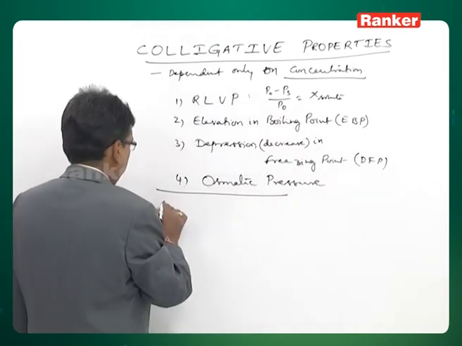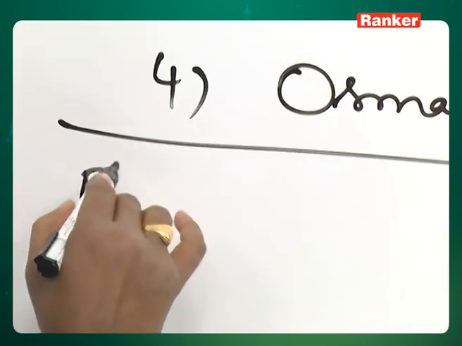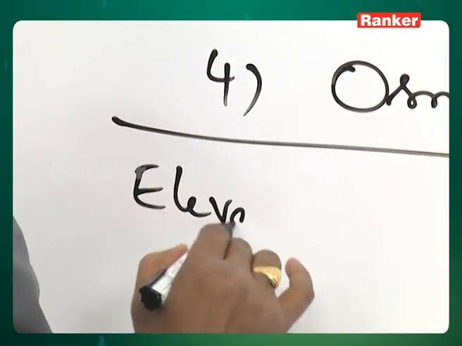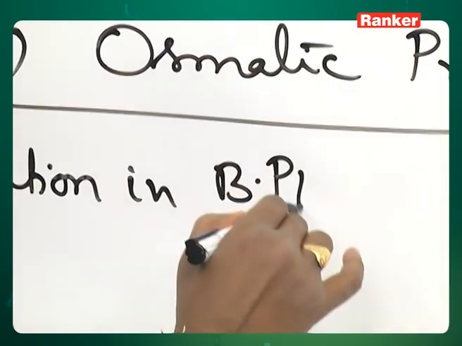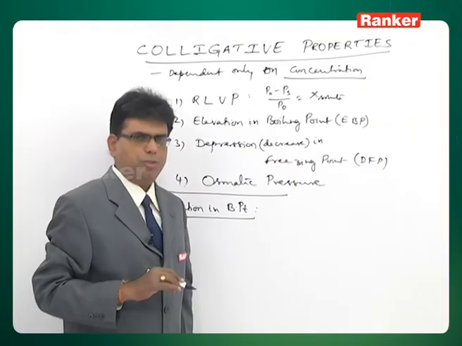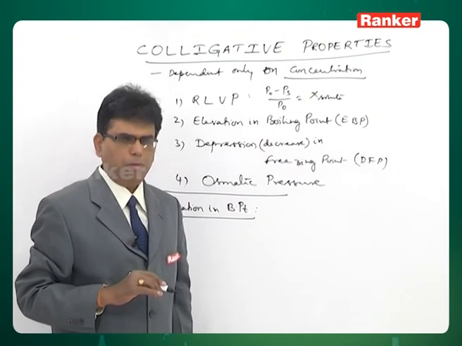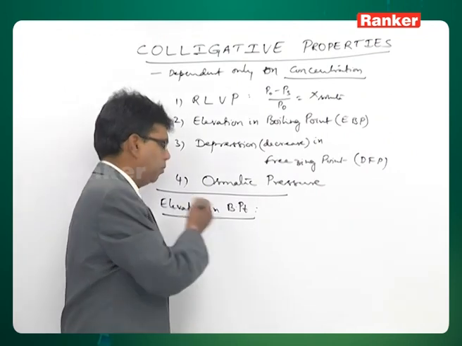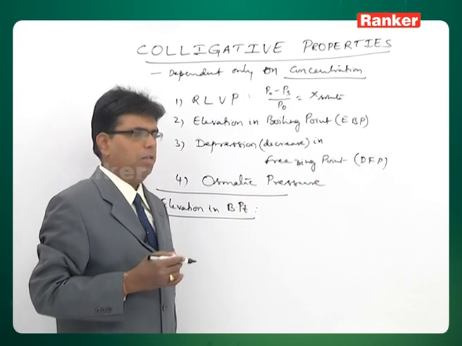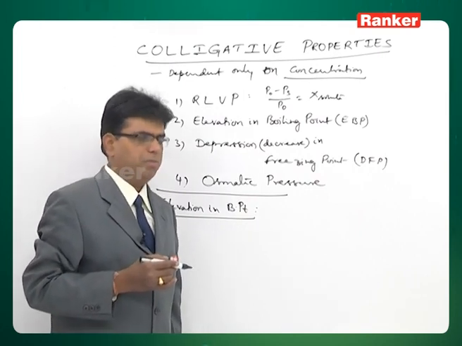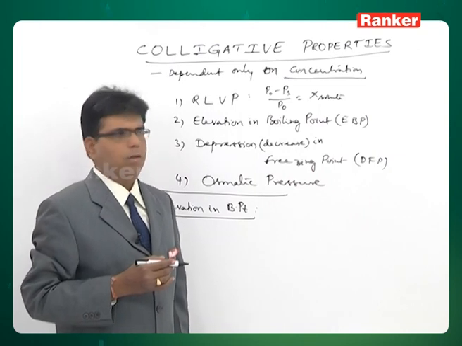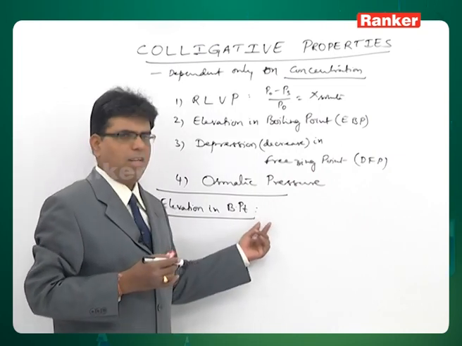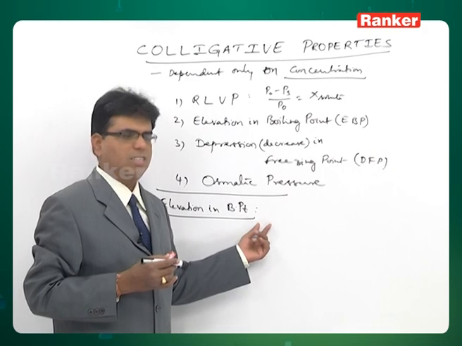What is boiling point first of all? Before going to elevation in boiling point, first I should tell you what is boiling point. You must know that boiling point is nothing but the temperature at which liquid and vapor are in equilibrium, or the temperature exactly at which a liquid starts boiling.